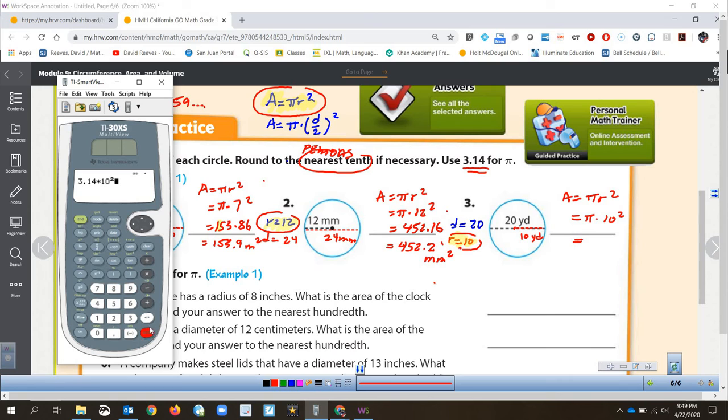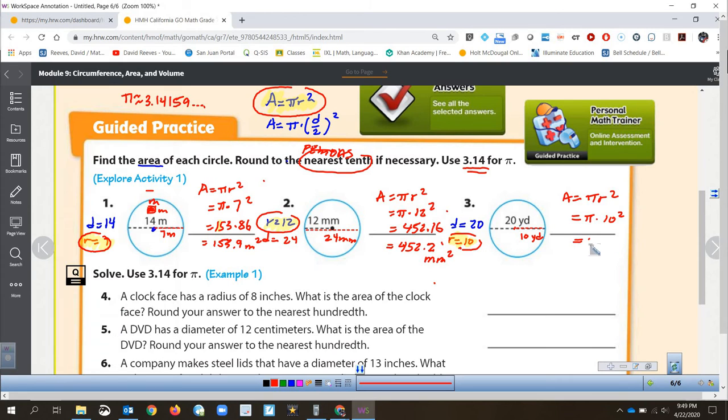And when we do that, we get 314, which should not surprise us, because 10 to the second power is 100, and when you multiply by 100, it moves the decimal 2 places. So we got 3.14 times 100, 314. There's no rounding necessary. There were no decimal values. And our units this time, again, it's not yards, it is square yards.